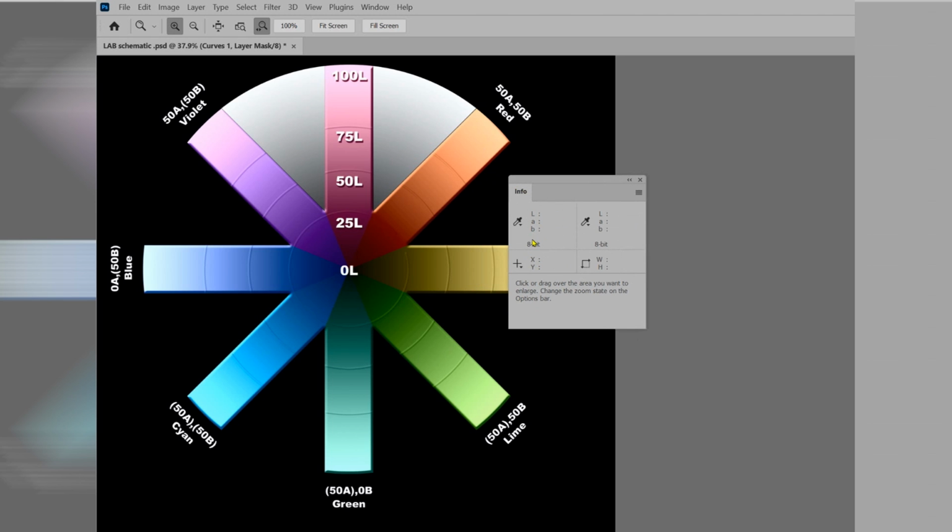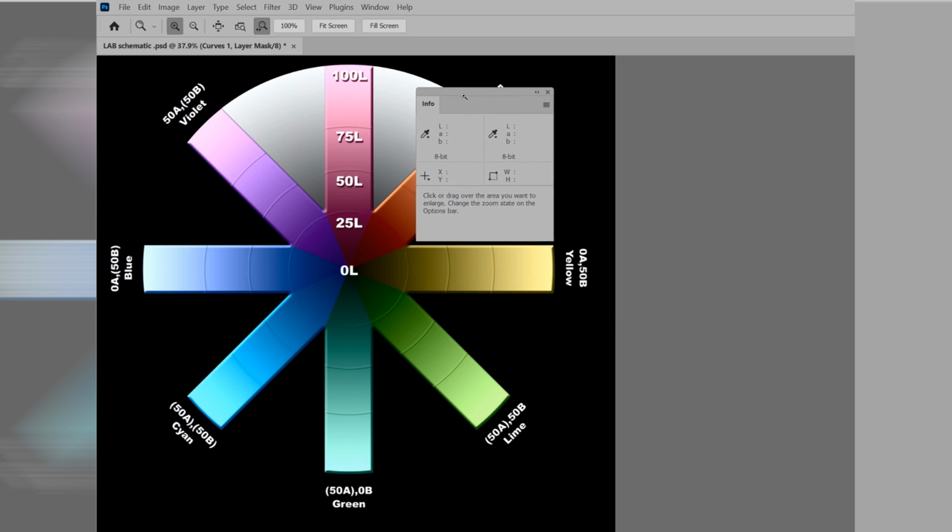This is the info panel, and it is reading out the values of L, A, and B. So if I'm up here in this red area, it is 100 L. It's the brightest bright it can be, but its A channel is 50, and its B channel is 0. So it is a red.